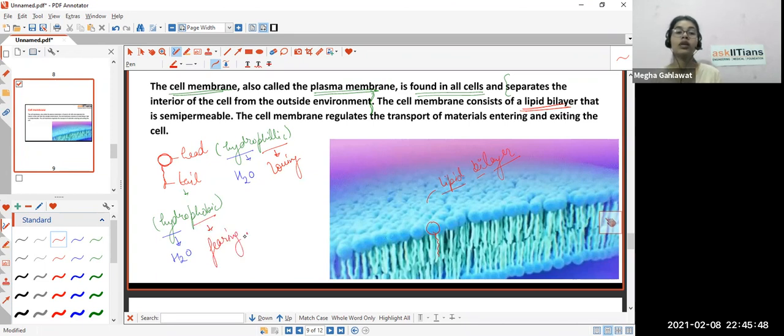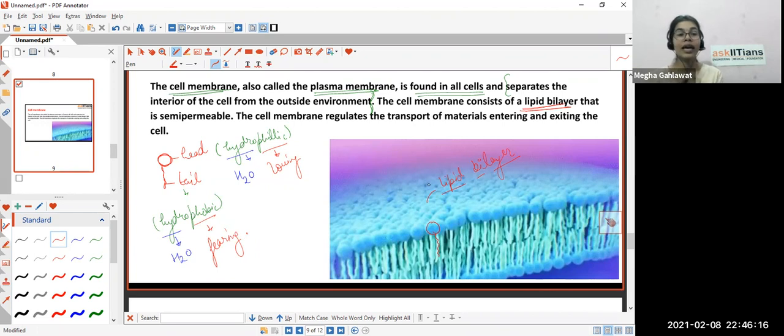So the head is hydrophilic. That means it is water loving. It is ready to be in contact with the water, or ready to communicate with the water or coexist with the water. Whereas the tail part of the phospholipid molecule is water fearing, or hydrophobic. That means it is staying away from the water. It will try to stay away from the water.